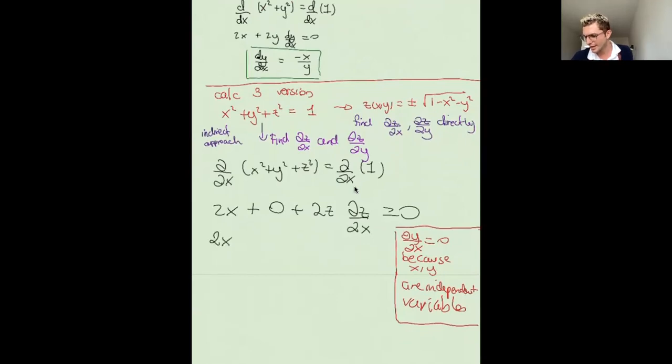So you get x plus, you can divide by 2 on both sides. There's no greater or equal, it's all equals, I think. Is that better now?